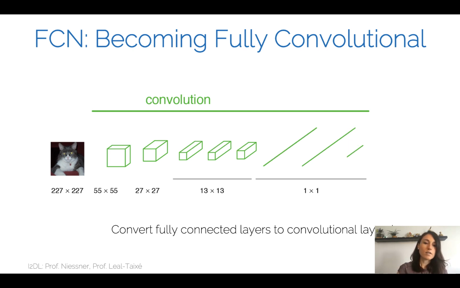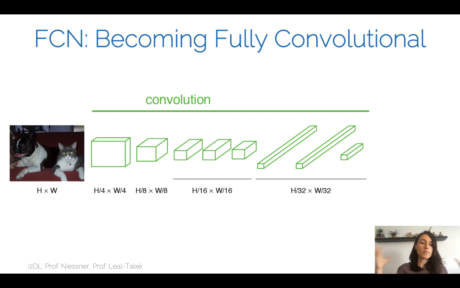So now if I have a small image, it can be that here I end up having this one-by-one representation. So the spatial size has been reduced to one-by-one. But if I now take my image and I make it bigger, I can still work with it because all my last operations are not fully connected, but are now convolutional layers. And therefore, as convolutional layers, I can slide my filter on any image size and I can still work on it.